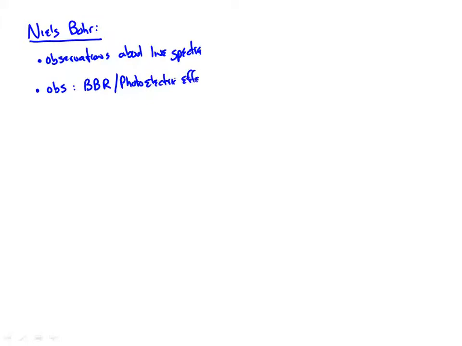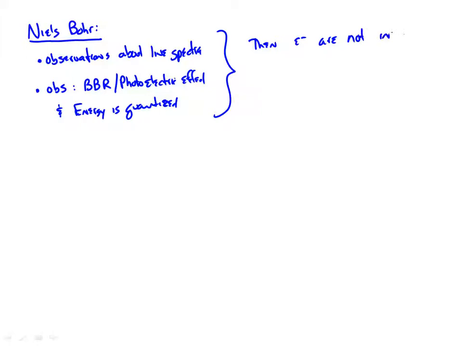And what he does is he takes the observations about line spectra, the observations about blackbody radiation and the photoelectric effect, and the fact that energy is quantized, and he summarizes them all together and says, then electrons are not in a cloud, but instead in orbits around the nucleus.